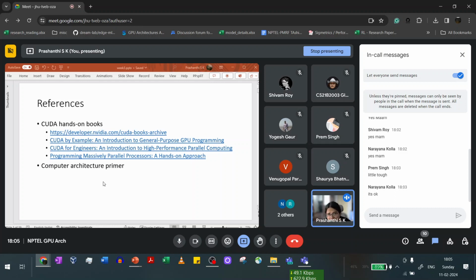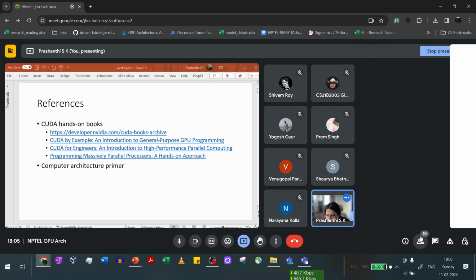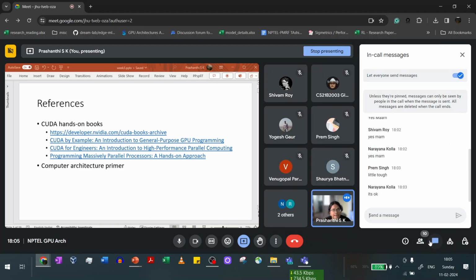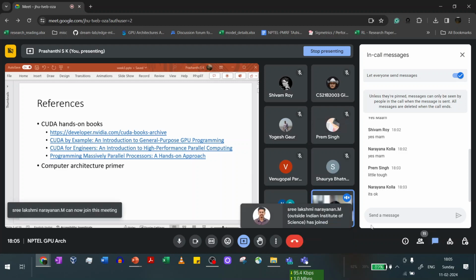And I think I told you guys that I would try and find a computer architecture primer, right? A quick recap from which you can get the prerequisites. I've been searching for that, but I didn't really find anything.